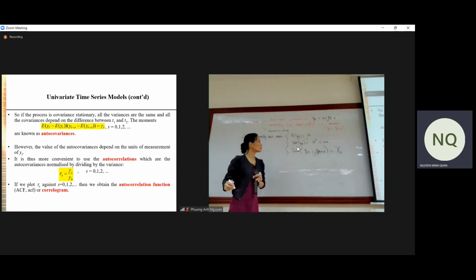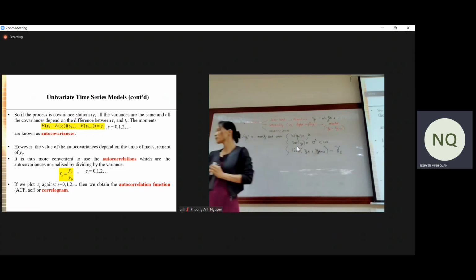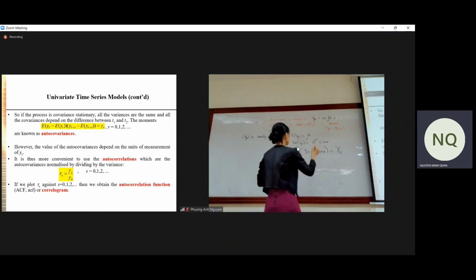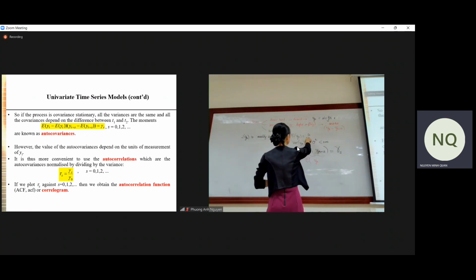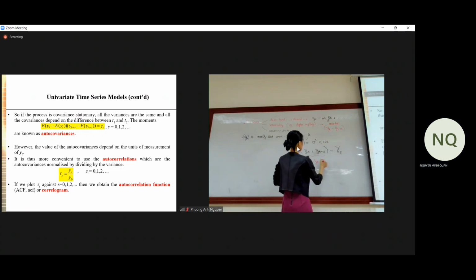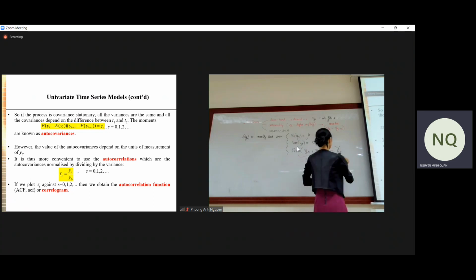And what is it? It is the expectation, the covariance, which we call autocovariance, which is equal to the expectation of YT minus mu, under the first assumption that we know, the expectation of YT is mu, times YT plus s minus mu.